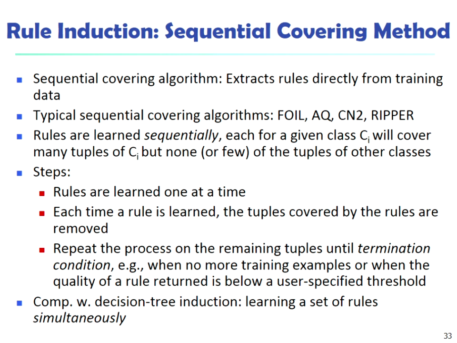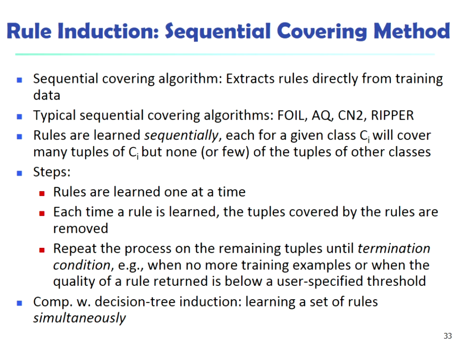Each rule for a given class Ci will cover many tuples of Ci, but none or few of the tuples of other classes. So what are the steps of these algorithms to extract rules?